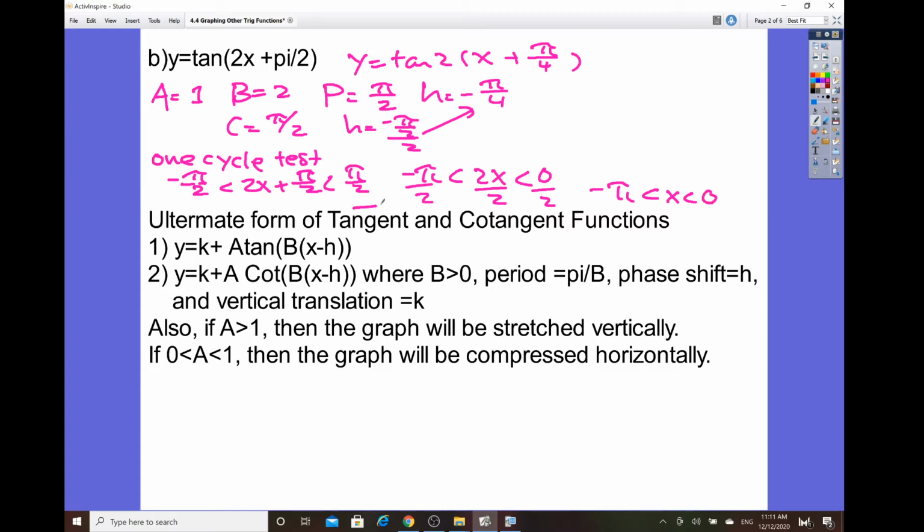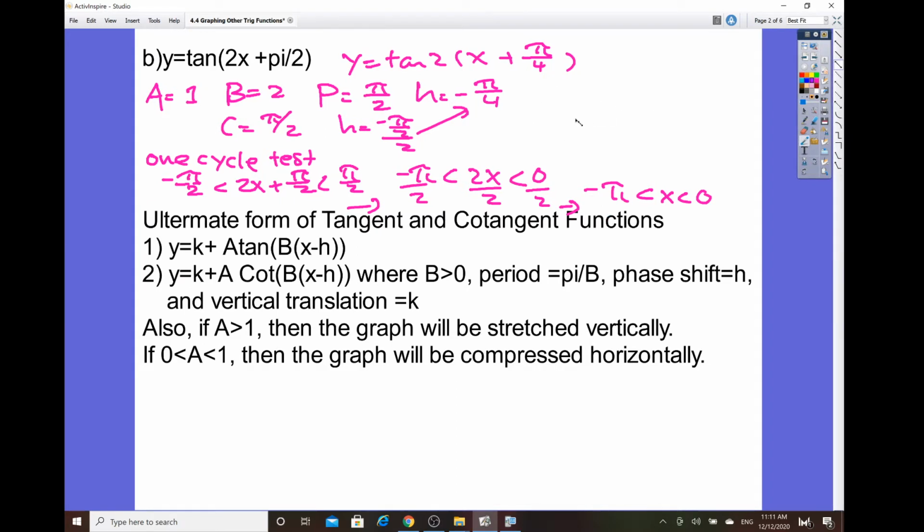Okay, like that. So this one, the one full cycle is from negative pi to 0.